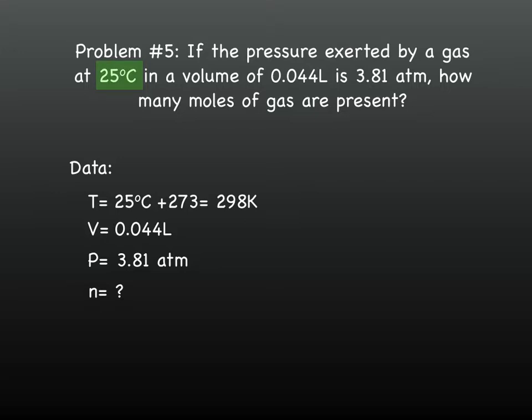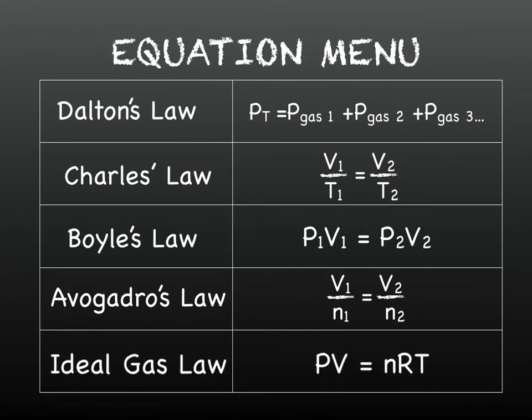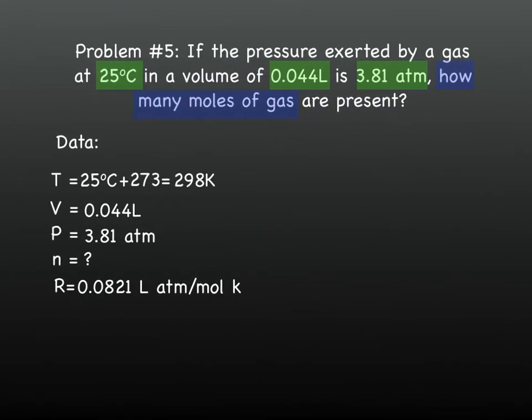Question number 5. We gathered all our data, looked at the equation menu, decided it's going to be the ideal gas law, and went ahead and wrote it down. Now, once we wrote it down, what we need to find by itself is the number of moles, n.